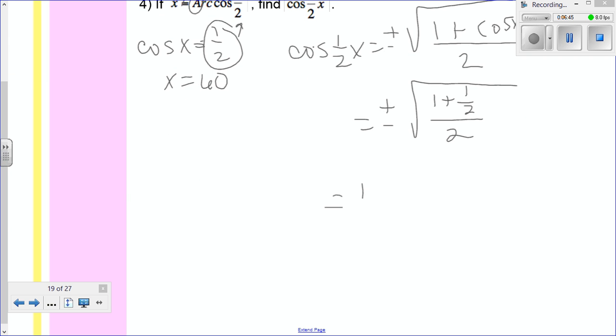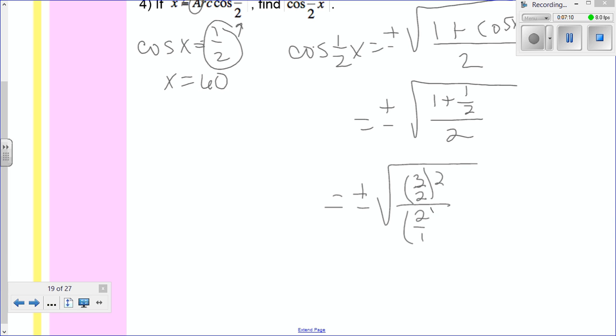So plus or minus, multiply everything by 2 on the inside, or you can combine like terms, it doesn't really matter. Any way you look at it, you'll still get the same answer. If I add together, I will get 3/2 over 2, and I have one denominator here of 2. This is over 1.